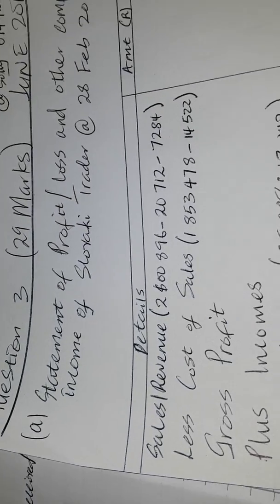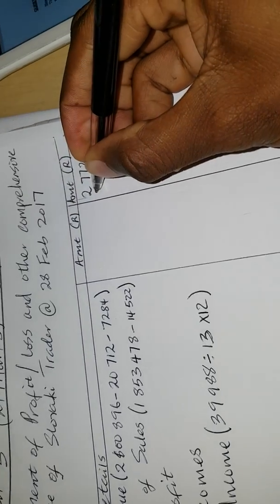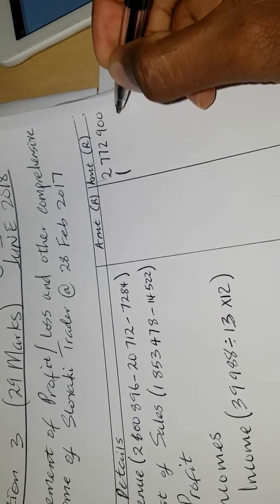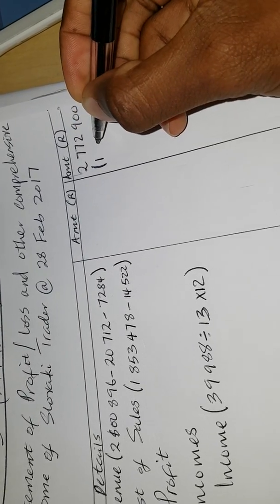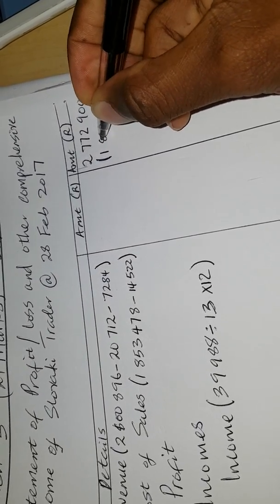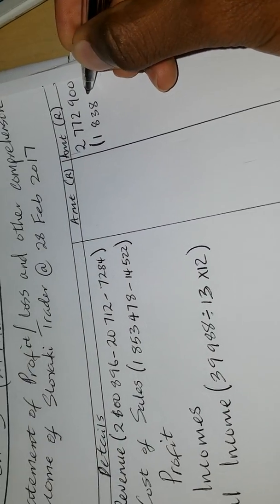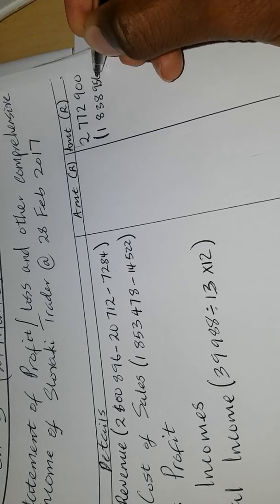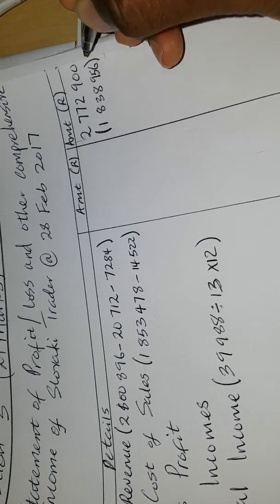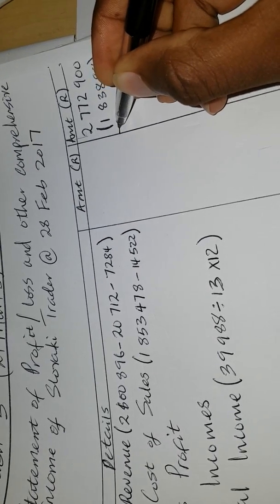So remember, in accounting, when you subtract something, put it in brackets. It's 1,838,956, close the bracket and put a line beneath.